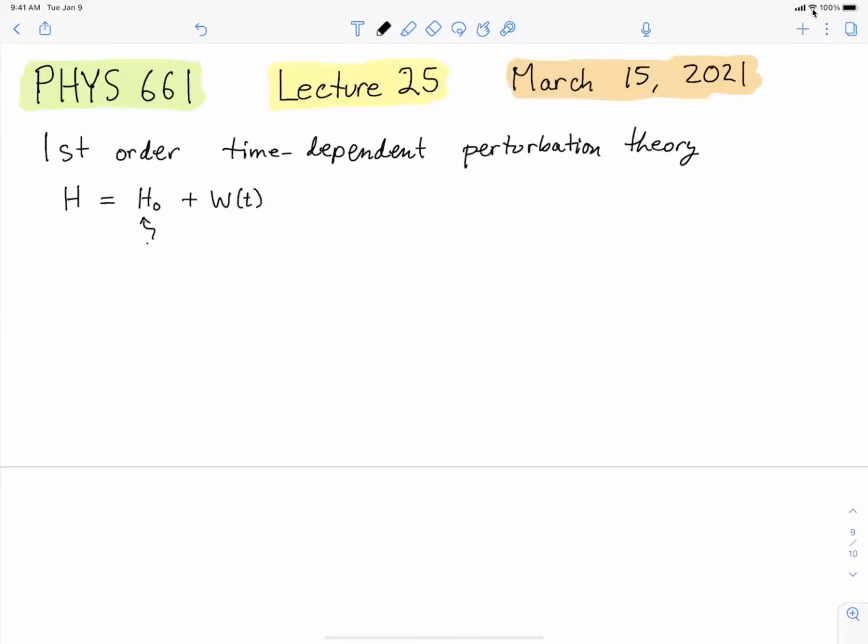So H0 is constant. And we know, hopefully, its eigenstates, which we call n, and its corresponding eigenvalues, which we call curly E sub n.